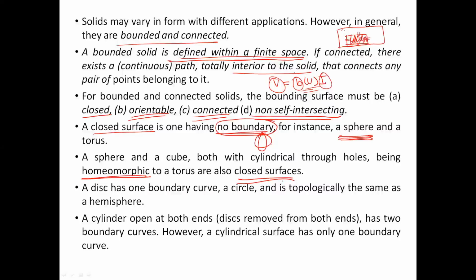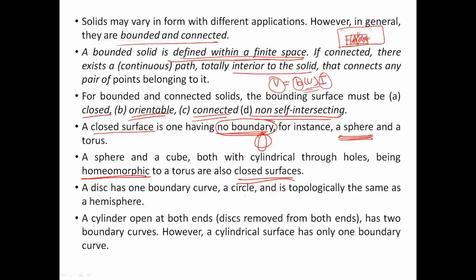A frisbee disc also. Yes, sir. ठीक है, so always keep in mind that the objects can be homeomorphed or correlated to any object. The idea of homeomorphism is so that you understand that one object using transformations can be converted into another object with different geometrical features but having the same identifiers.